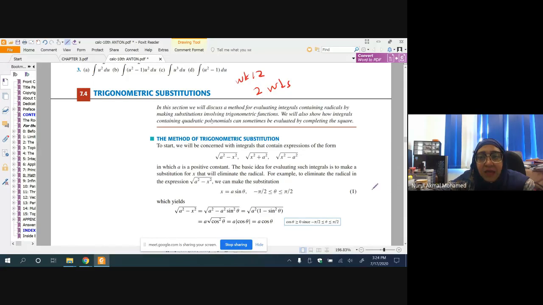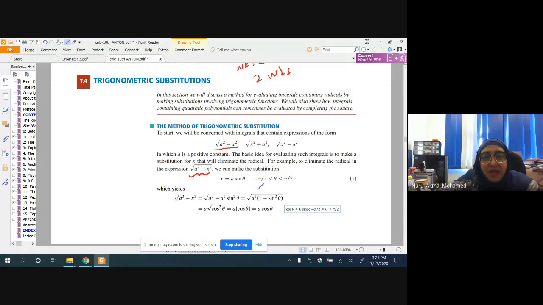If you have the radical expression a squared minus x squared, then you have to use the substitution x equals a sine theta. If you have the first one, then you use this one.